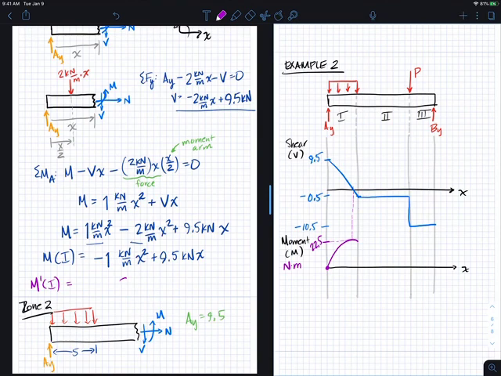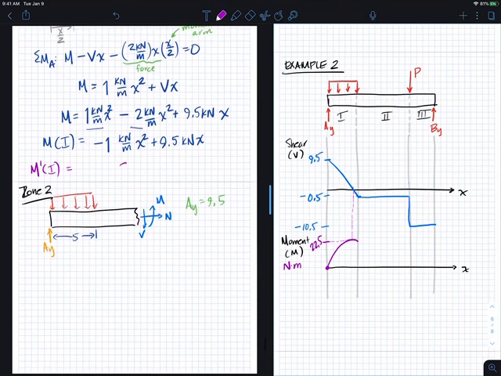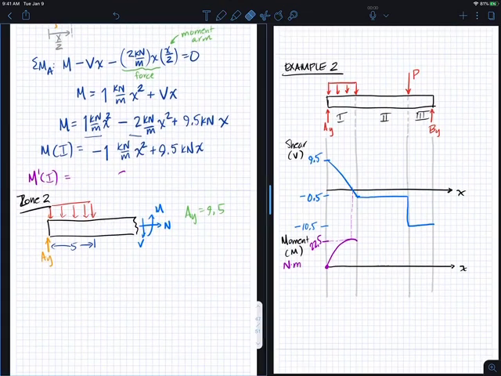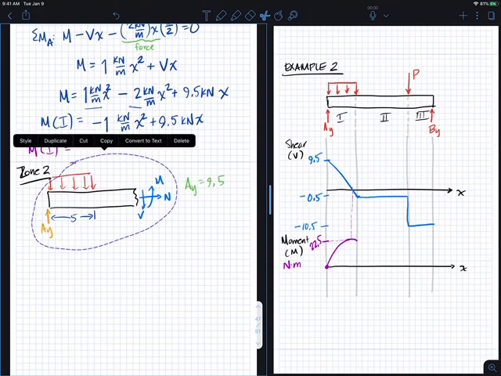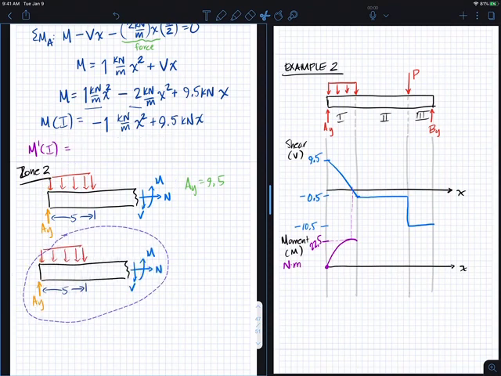And now I can repeat this process and look at what's happening in zone 2. So here I set up this free body diagram for zone 2, where we have our distributed load acting over the 5 meters. Now all we need to do is start solving for what's going on with the moment in this case. Again, I'll replace this free body diagram by an equivalent one to simplify things.